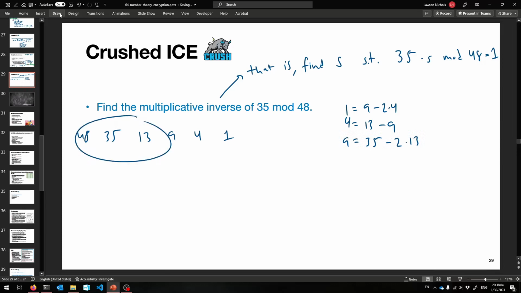And then finally, let's represent 13 involving 48 and 35. So 13 is equal to 48 minus 1 times 35. All right? With that, now we start solving for some linear combination of our original numbers that gives us 1.